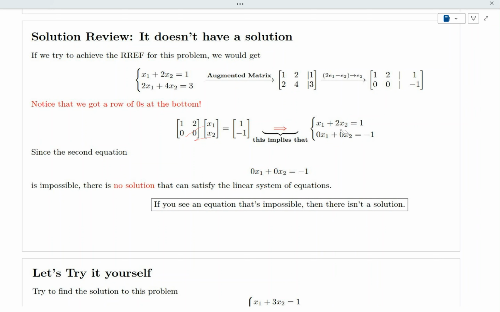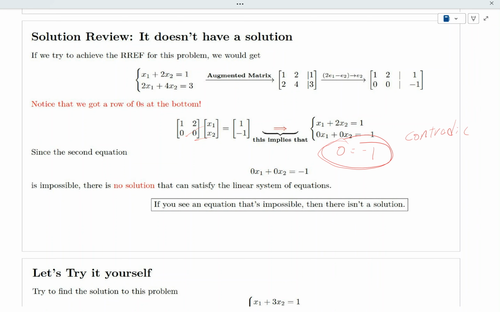If you look at this carefully, notice that we have a problem. 0 times x1 and 0 times x2 means it's saying that 0 is equal to -1, which is contradictory. This contradicts truth because it is not possible. You can't have 0 equal to -1.